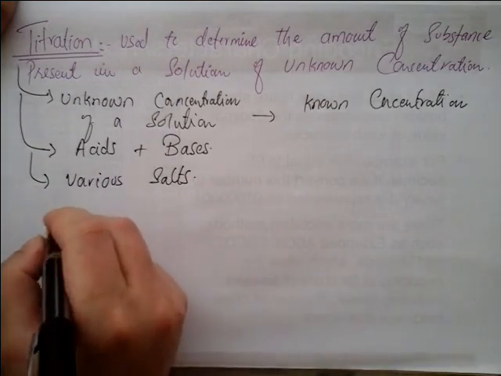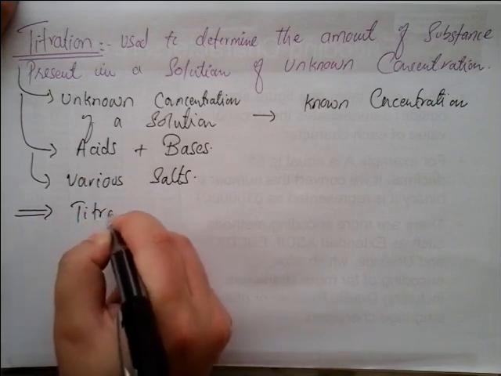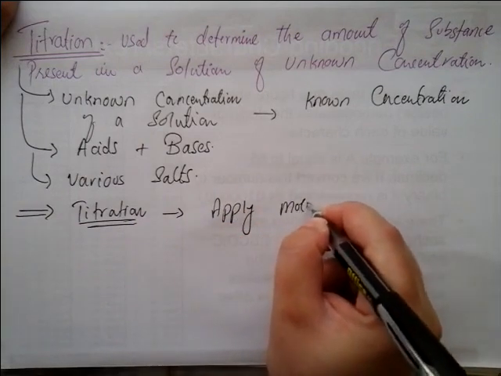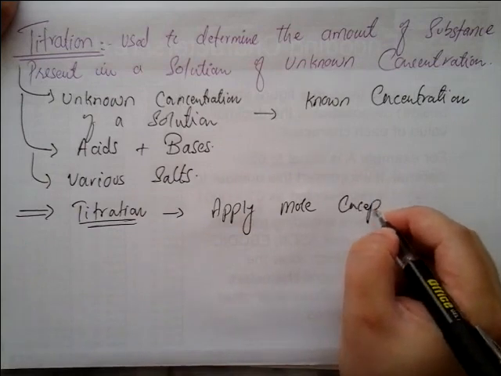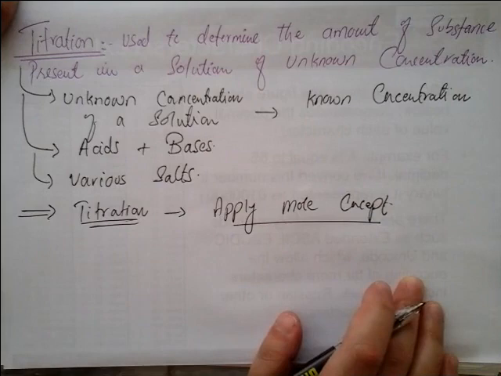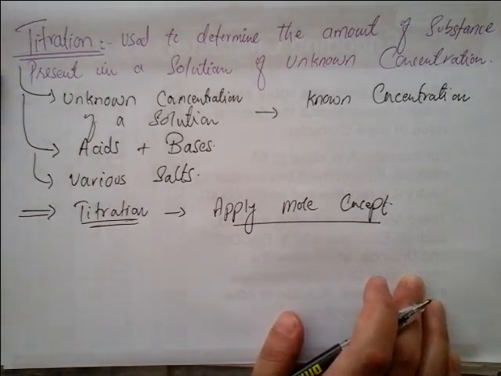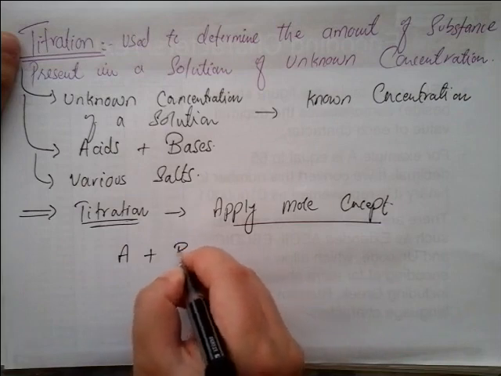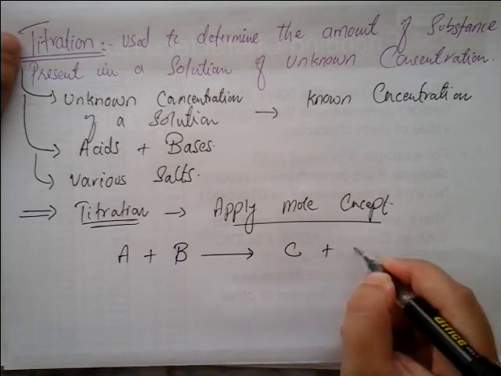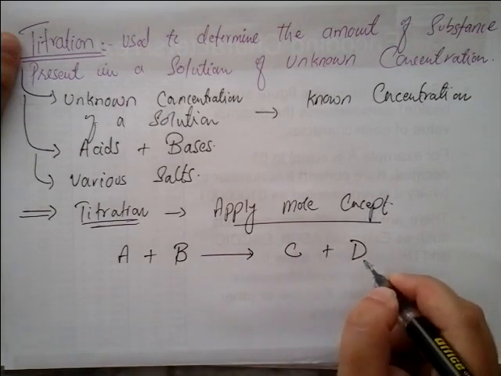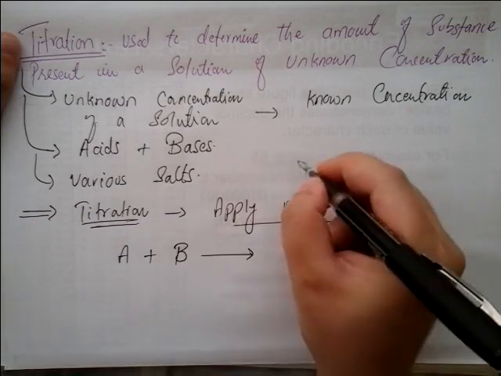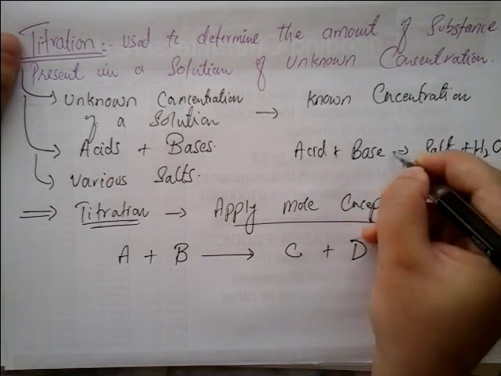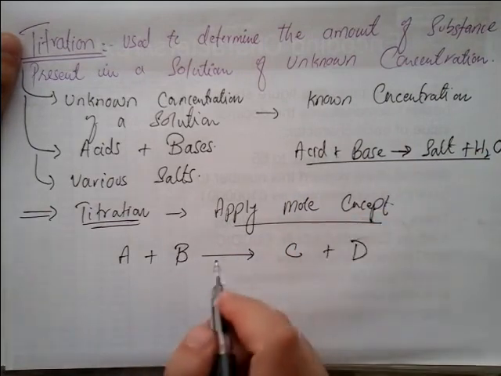So keep in mind that while calculating titration we have to apply the mole concept as well. Why? Because we have to apply the mole concept in order to find the unknown concentration. We will do a question related to this, to see how we apply the mole concept during any titration. For example, let's suppose this is acid A reacting with base B, and the following products are formed: salt and water. Keep in mind that whenever an acid reacts with a base, salt and water are always formed.